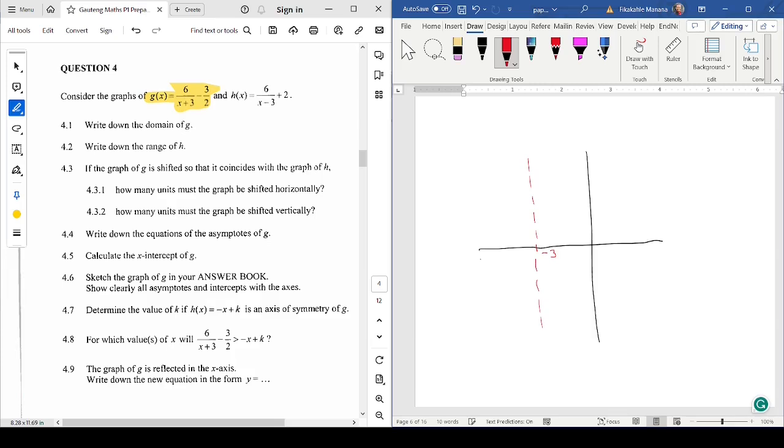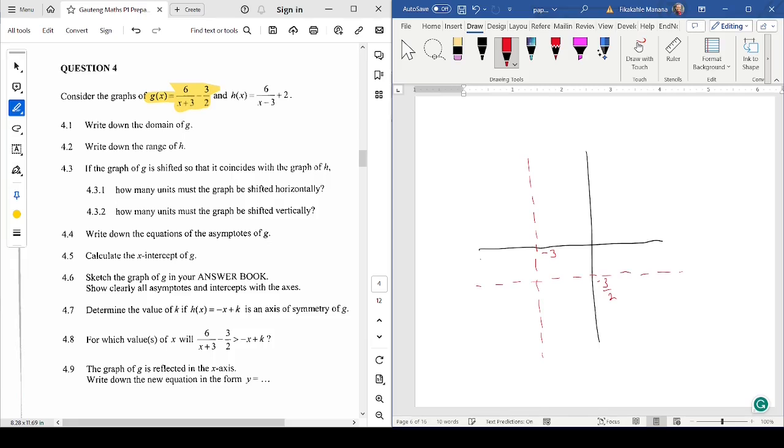And then the other one is y = -3/2, which is like -1.5. So I'm going to do it right there. So this is going to be -3/2, and then just complete it like that.